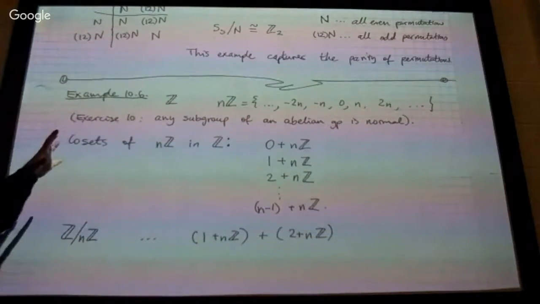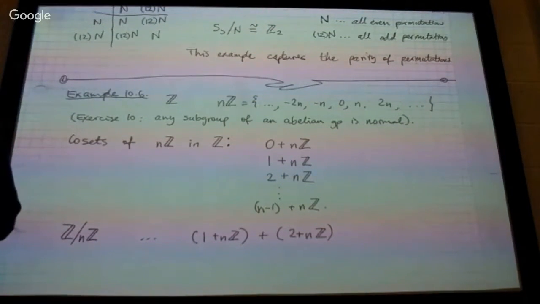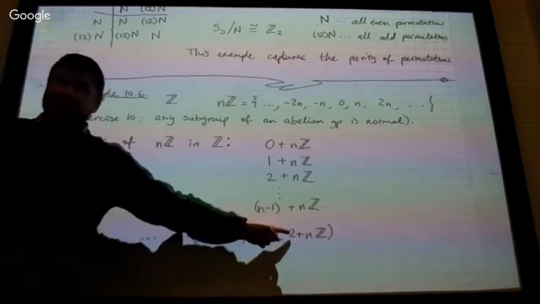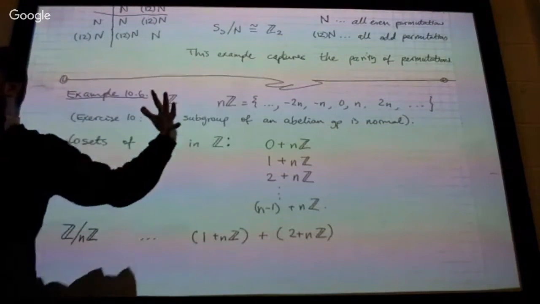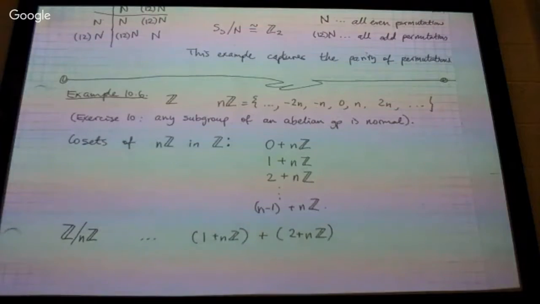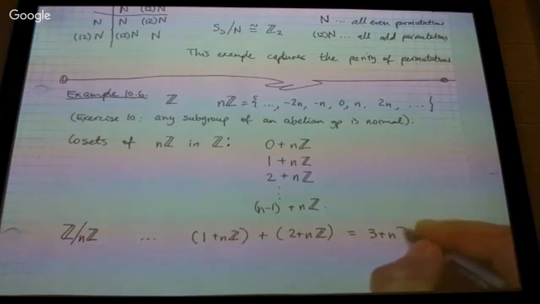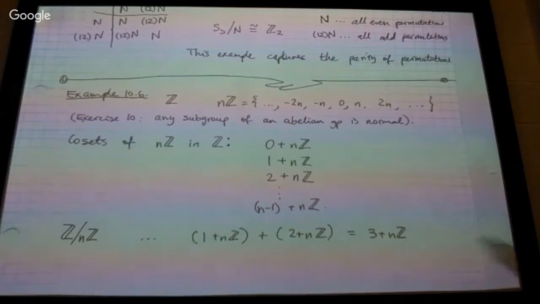You take these two sets and add them element by element. You can take any element there and any element there and add them, create a huge set, and you get 3 plus nZ. Well, if n is greater than 3. If n is 3, then you get 0 plus nZ, because you get multiples of n. But if n is greater than 3, then you get 3.